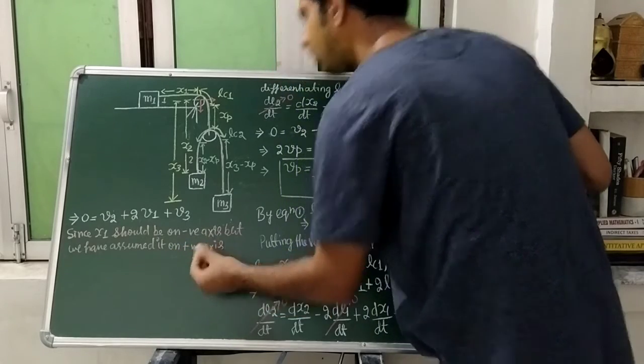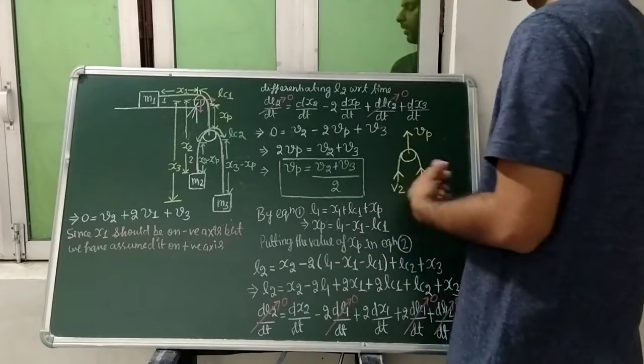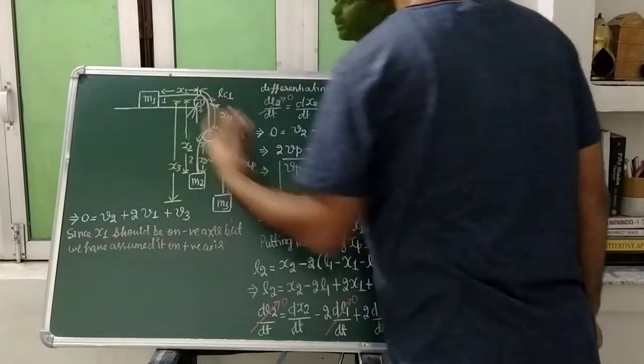If we have selected our coordinate like this, with this as the positive x direction, then this side should be negative, students.